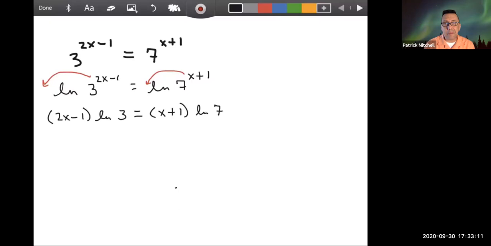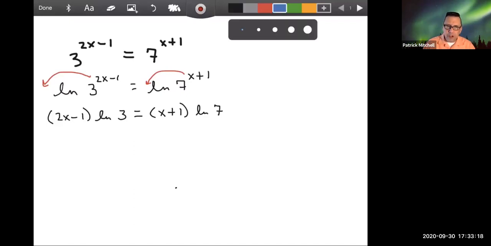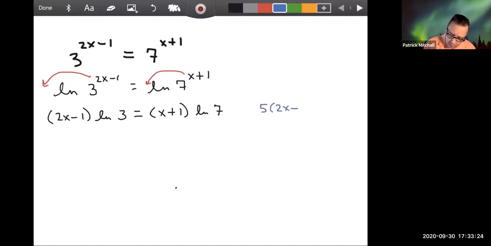Ugly, but I want you to try to understand that the steps for solving this equation are exactly the same as if it was 5 times 2x minus 1 equals 7 times x plus 1. Sometimes I say to classes, think of a simpler, happier time, all right?